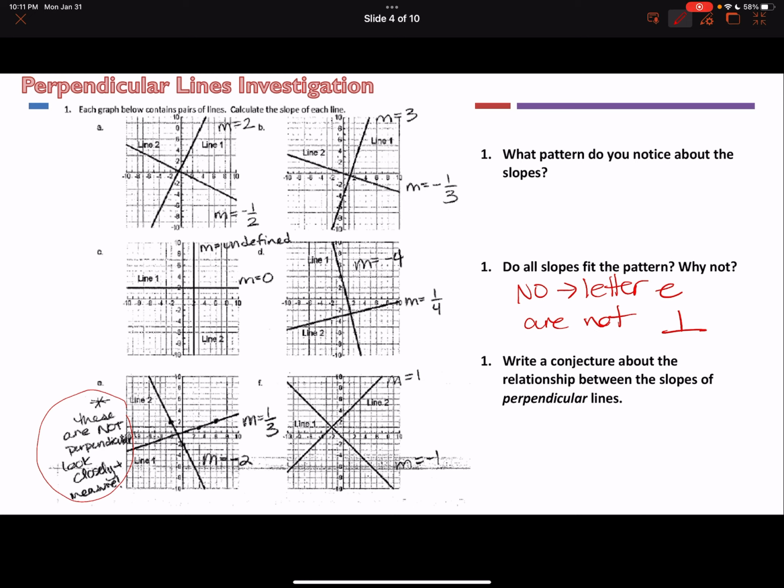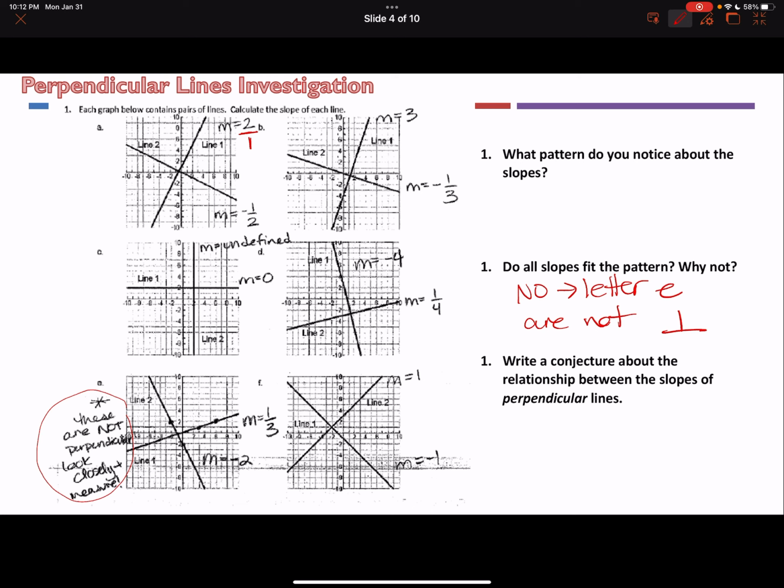All right, so if I look at all the other pairs of slopes, I want you to notice that if I start at letter A, line 1, the slope is 2, but really it's like 2 over 1, because 2 is 2 over 1, right? If I flip the 2 over 1, it becomes a 1/2.